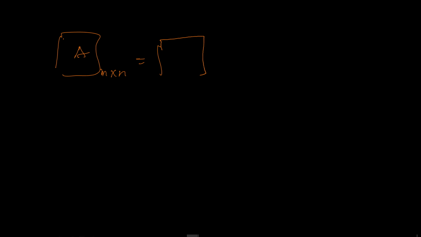Then the same height, m cross m. This is my sigma matrix. We are just keeping sigma 1, sigma 2, sigma 3, a diagonal matrix. Then you have the right singular vectors v1 transpose, v2 transpose, up to vn transpose.